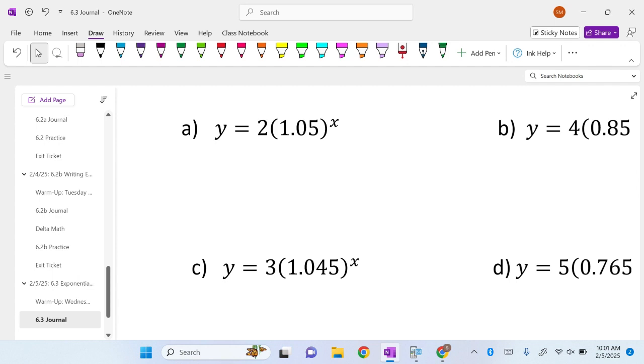Why? Because our b value is greater than 1. So this has to be a growth problem. We're only messing with the b value, going backwards from the b value. So this is 1 plus r.